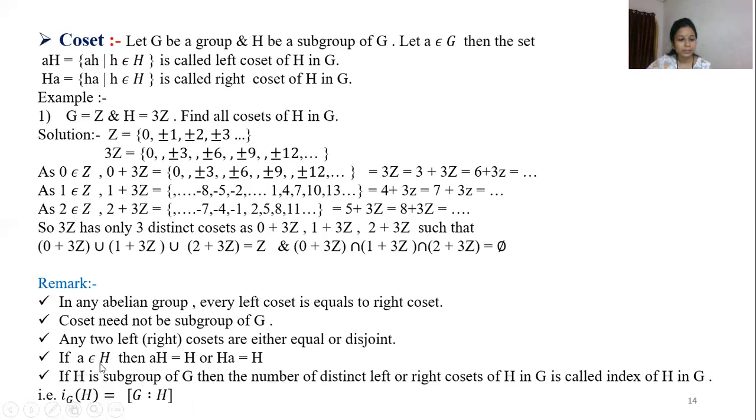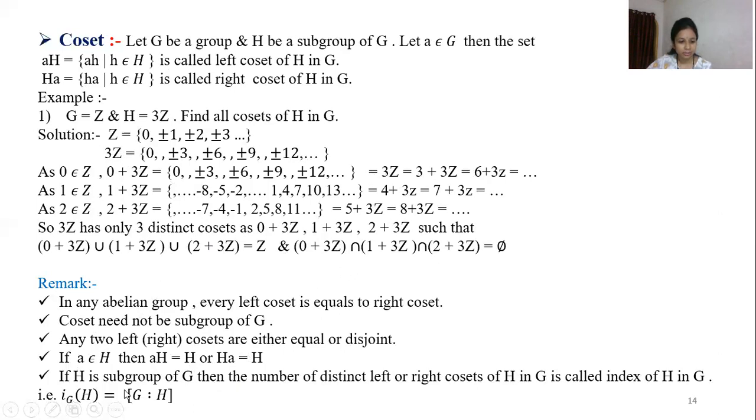If A belongs to H, if that element A is in H, then AH and HA are both equal to H. For example, suppose 3 belongs to 3Z, where H is 3Z. Therefore, what we obtain, 3 plus 3Z, is nothing but 3Z itself.